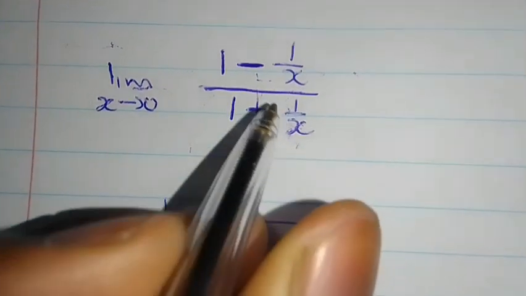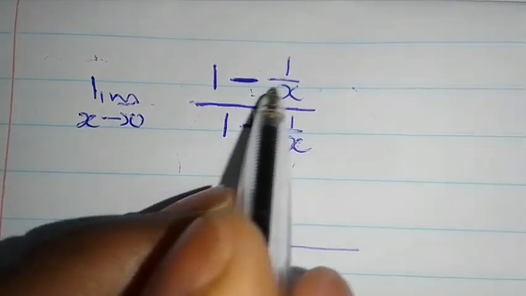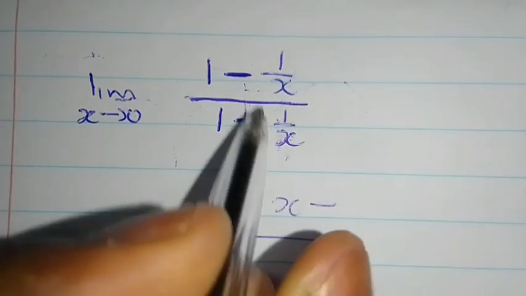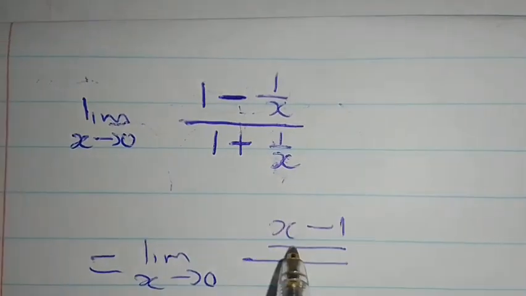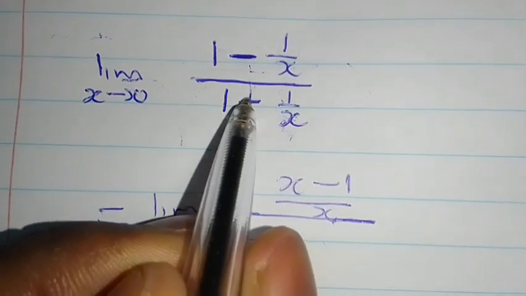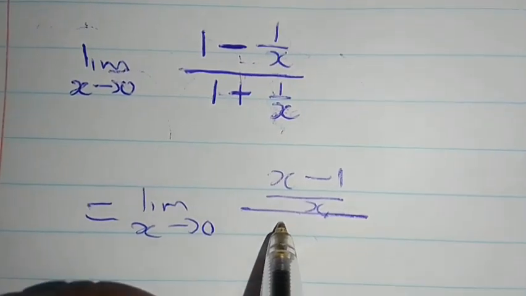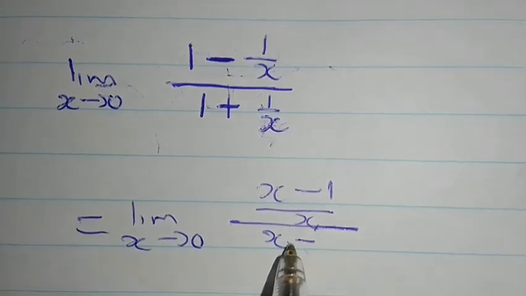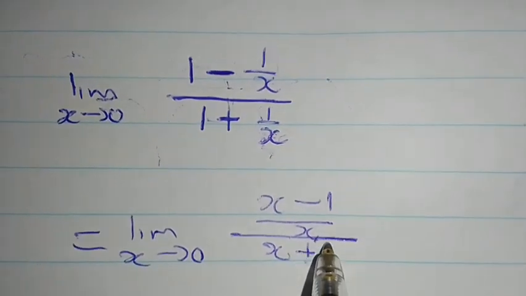The limit when x goes to 0, then I'm going to multiply 1 with x, and then I'll have x. Then you'll have x minus 1 divided by x. Now here you do the same. 1 times x is going to be x, then you're going to have plus 1 here.